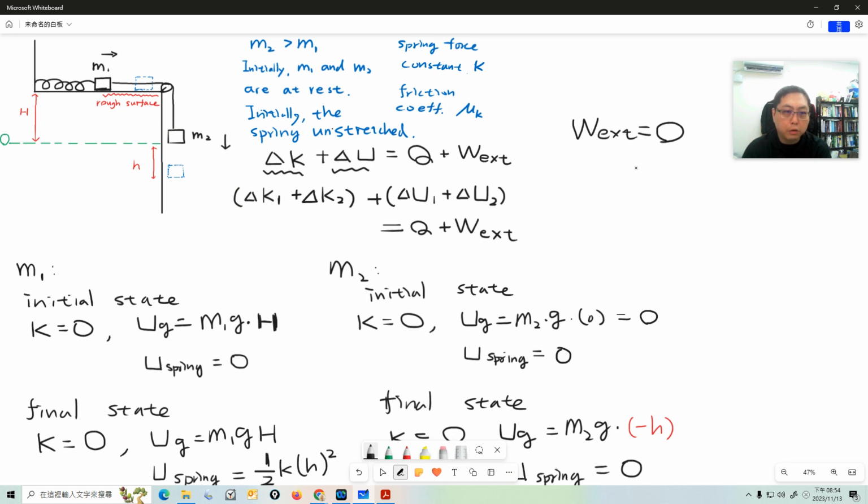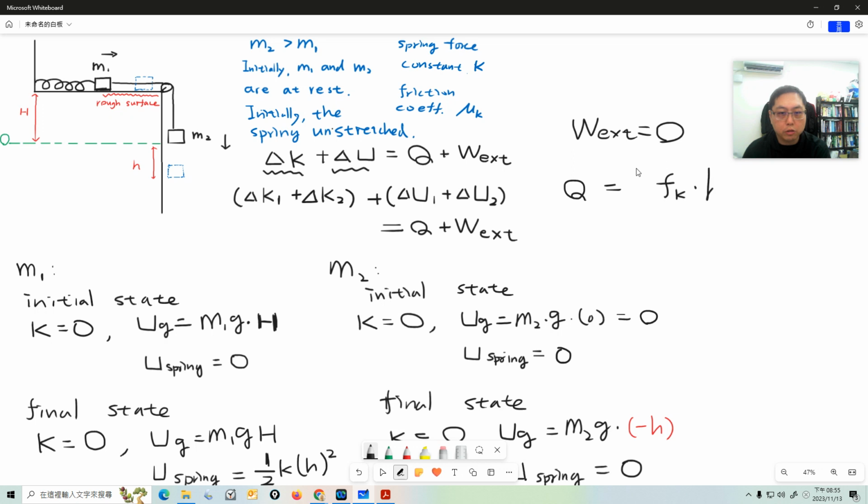And what's the Q? In the problem, the Q mostly comes from friction. The rough surface creates friction on M1, and the friction generates heat. The heat is the friction force times the distance, and the distance is h, because like I said before, M1 moves h to the right.